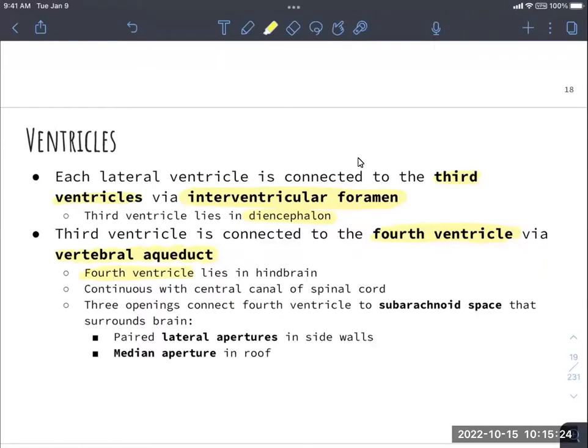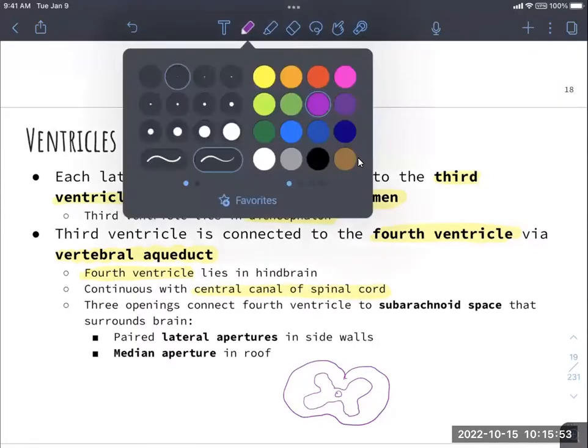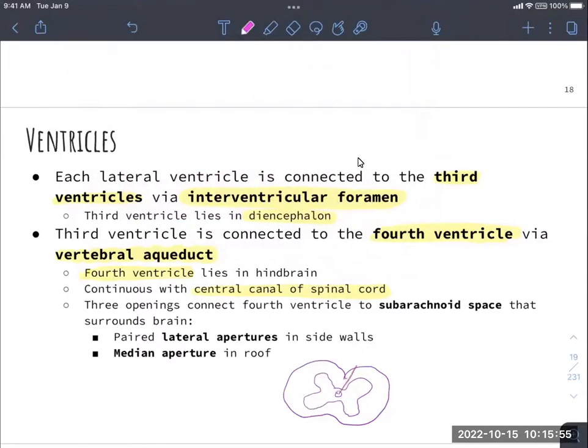Well, that fourth ventricle is continuous with the central canal of the spinal cord. So we have that spinal cord. We have that kind of butterfly-like pattern in it. And then in here, we have that circle in the middle. That's our central canal, right there in the middle.